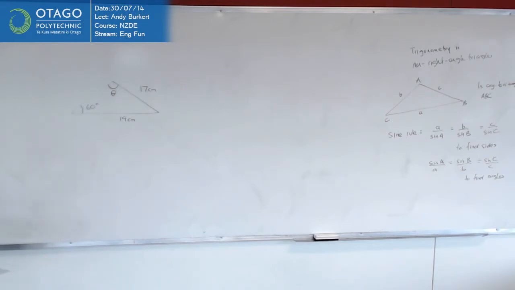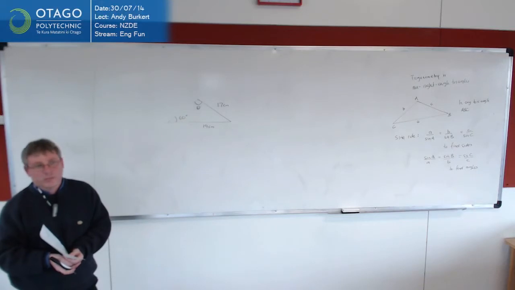So first of all, we've got to decide, are we going to use the sine rule or the cosine rule? Just use those tips I gave you earlier. We're trying to find an angle. Do I know all three sides?